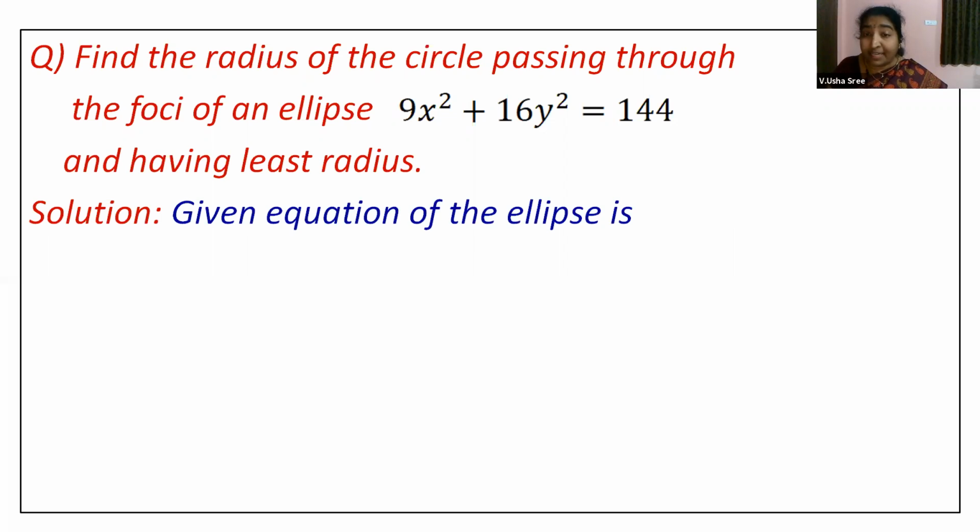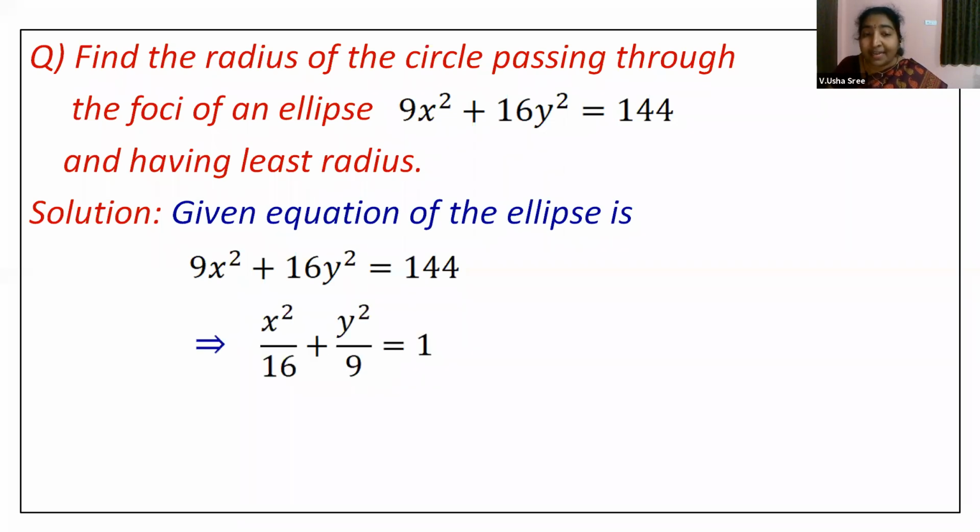You are given an ellipse equation, 9x square plus 16y square is equal to 144. First, we will write this in the standard form, children, by dividing both sides by 144. So 9x square by 144 will be x square by 16, and 16y square by 144 can be taken as y square by 9, which is equal to 1.